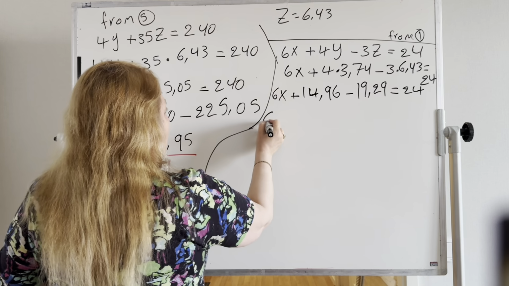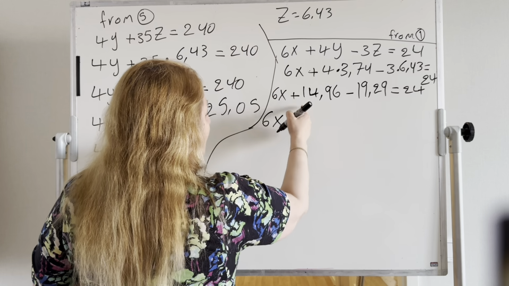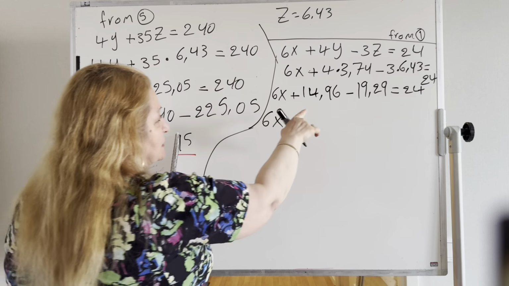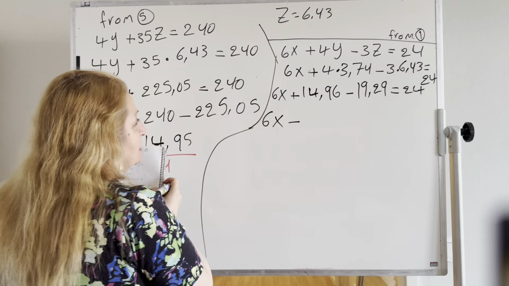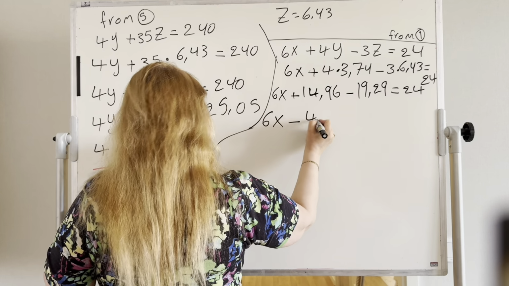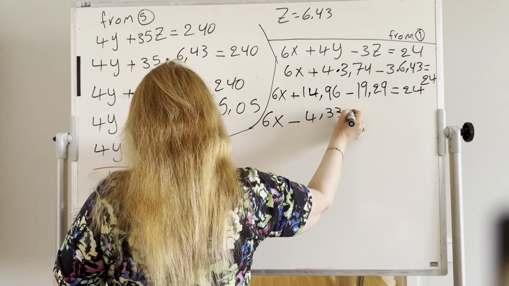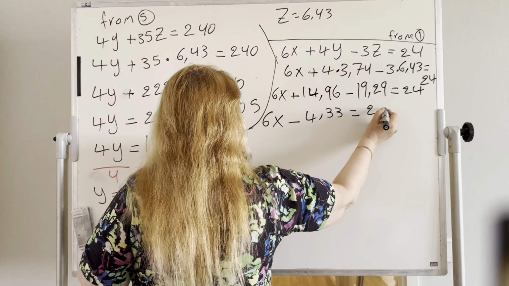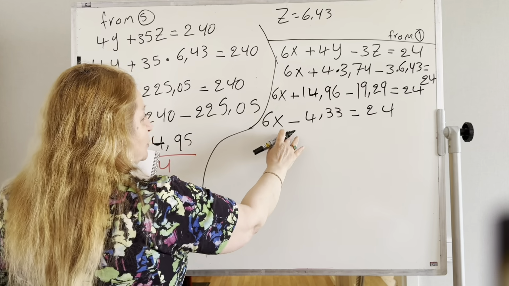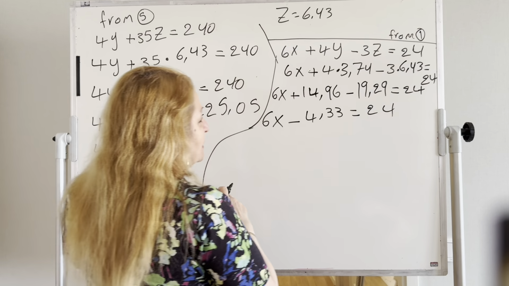Then 6x plus 14.96 minus 19.29 equal, minus 4.33, equal 24. Then I will change the place of 4.33 to another side, and I will change the sign also.